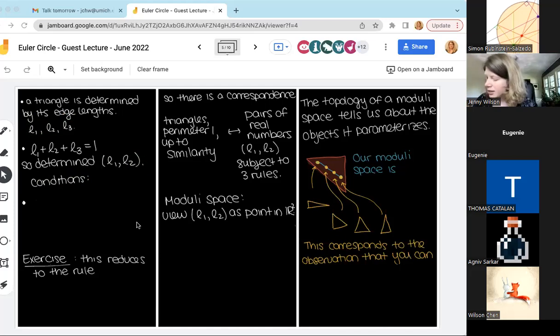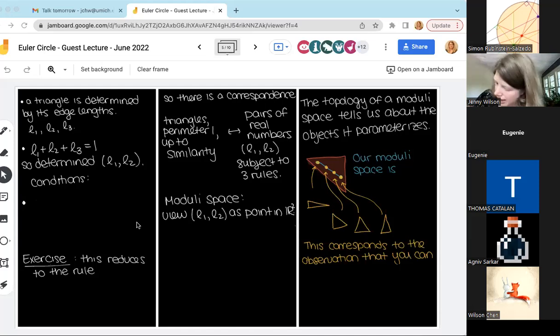And I claim that the conditions are exactly the following. I just need to make sure that for any pair of these 3 numbers, their sum is greater than the third edge length. And that's the one condition I need to guarantee that these 3 edges form a triangle.